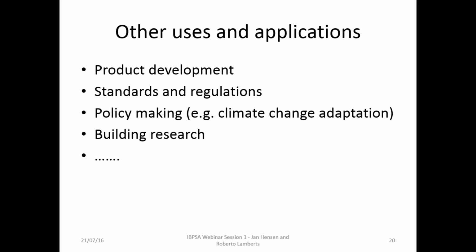I already mentioned that you can use it for standards and regulations. We can also use it for policy making. For example, in the context of climate change adaptation, which are the buildings which are most at risk? And we can use it for various other types of building related research.